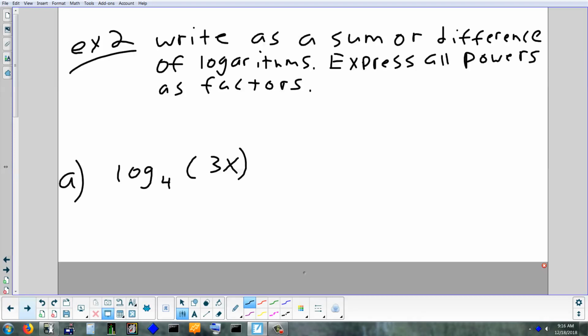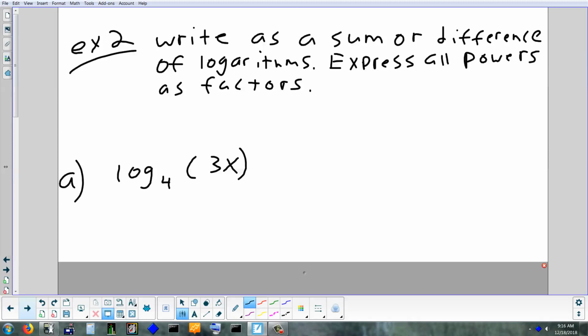All right, so read the directions carefully. It says write as a sum or difference. So that means take what you have here and split it up into multiple things, either sum or difference. But it's that last sentence, express all powers as factors. What that means is don't leave powers in the final answer.